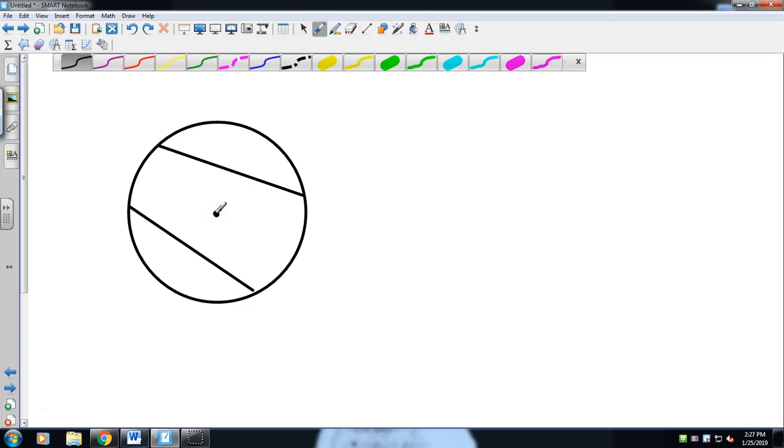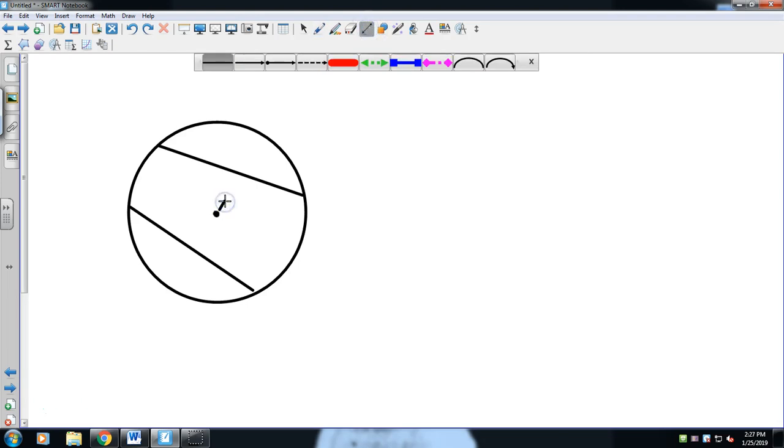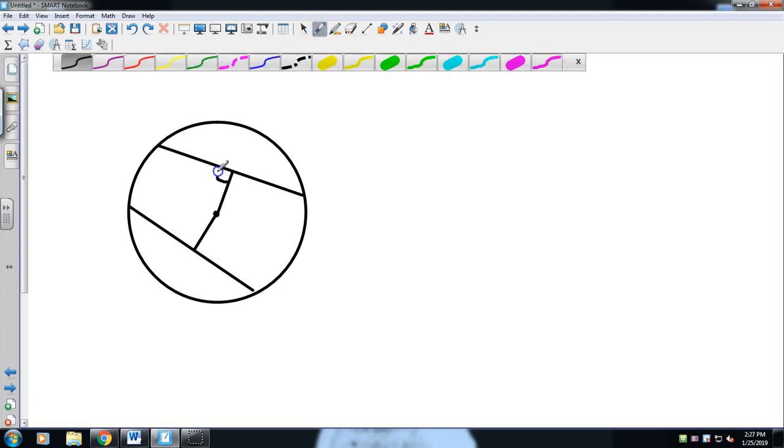And then we have a distance. And remember, distance has to be drawn to a perpendicular. Distance from the center to that chord, and the distance from the center to this chord. And draw my little perpendicular on there.